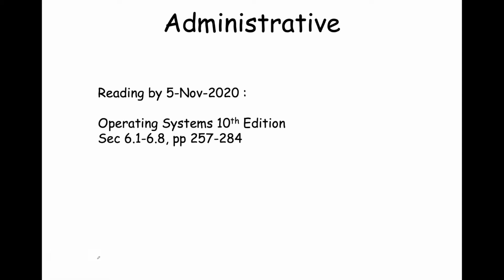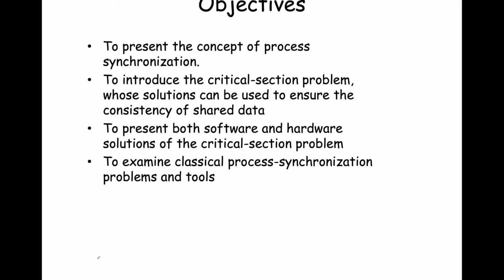Now, synchronization is one of the top practical issues as it pertains to operating systems. And so the objective of Chapter 6 is to present the concept of synchronization, to introduce the so-called critical section problem, whose solutions ensure consistency of data shared between two processes.